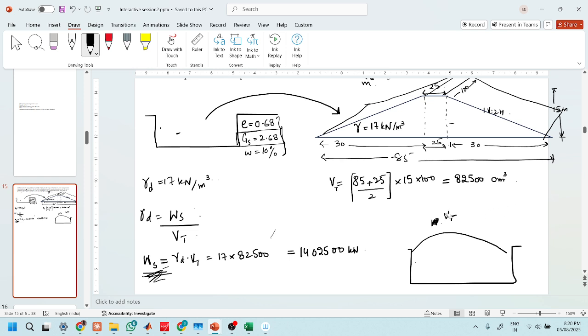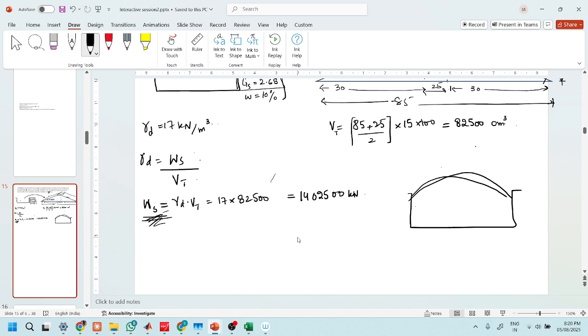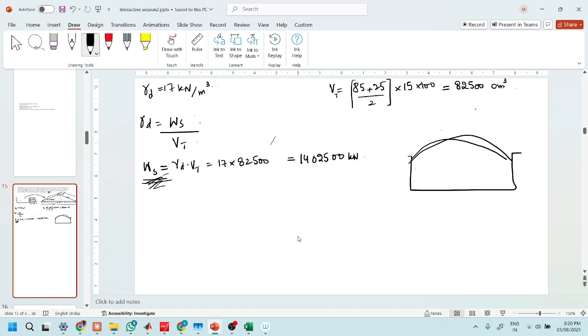We can't just convert this weight into a volume by simply taking some kind of a density.